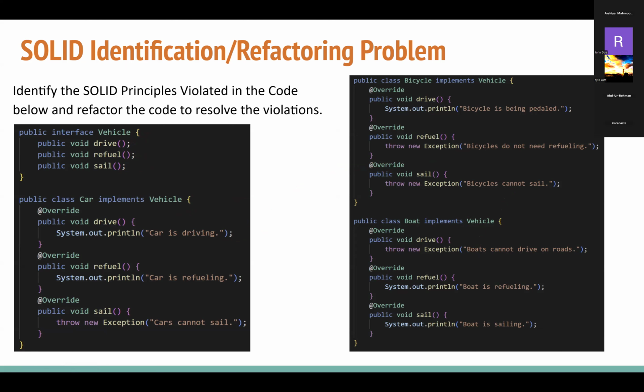Because if you think about it, when you have an instance of Vehicle and you want to replace it with, let's say, Car, the problem is the sail function throws an exception.